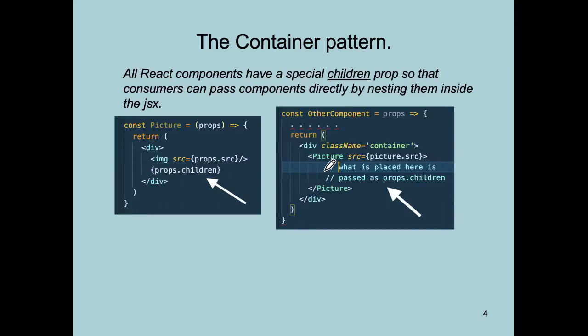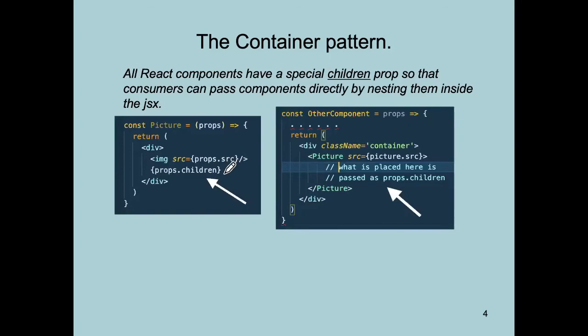Any JSX that I put in here is going to be bound to the children prop that's passed to my picture component. So whatever JSX I put in here is going to be rendered here as part of my picture.